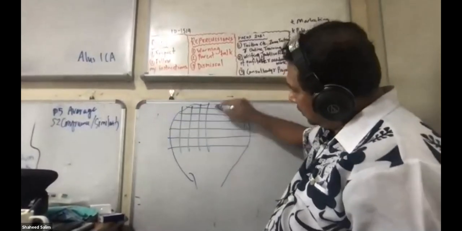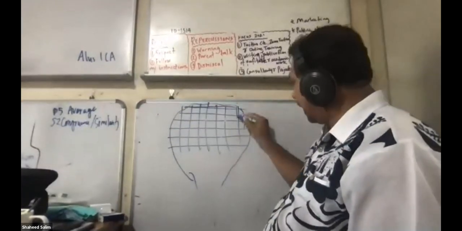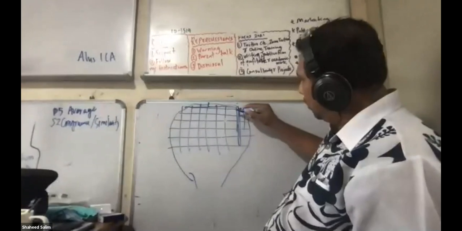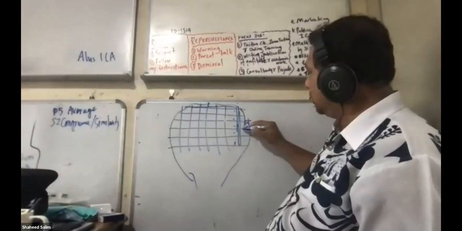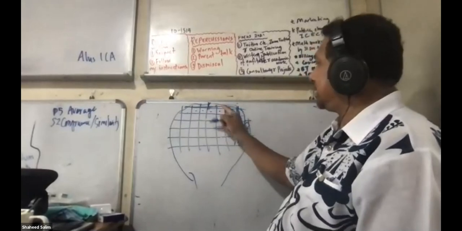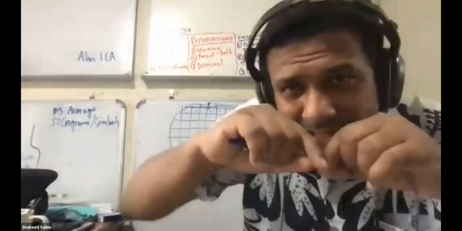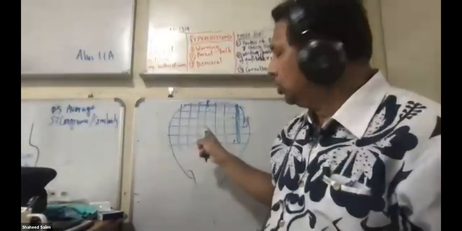Count the squares. You see length down here times breadth, let's say 1, 2, 3, 4, 5. There's five down here. 1, 2, 3, 4, 5, 6. So 6 times 5 down here got 30 squares. So you want to find the size of a skin, you got to use this.